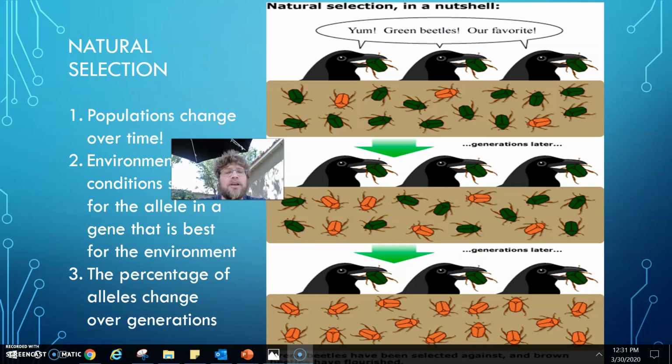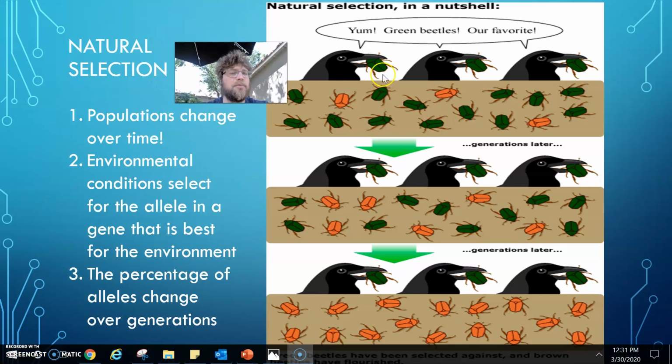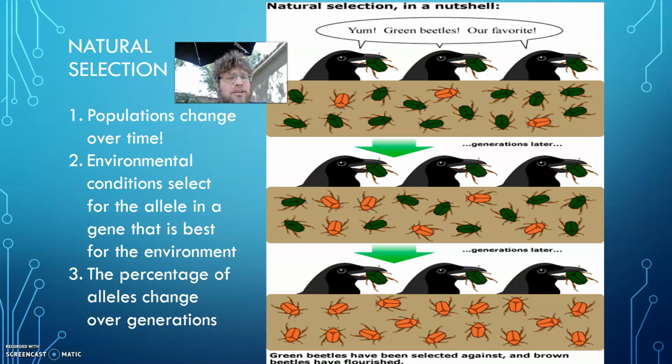Natural selection acts on a population's physical traits, but it's actually changing the alleles and the percentage of alleles in a population. To quickly review, natural selection is when the environment causes the population to change over time. There is some gene that has variation. With beetles, there's a gene that controls the pigment on the shell, and one allele is better suited for that environment than the other.